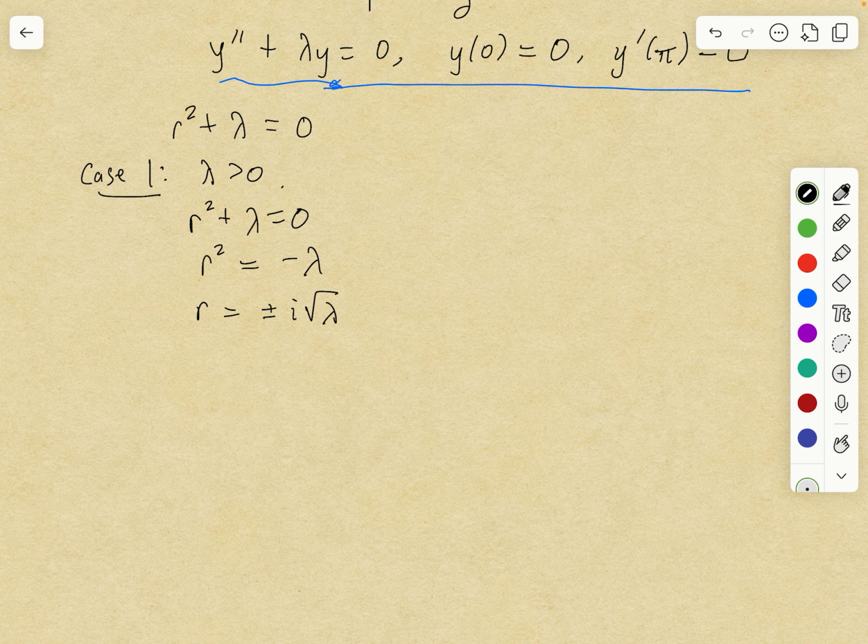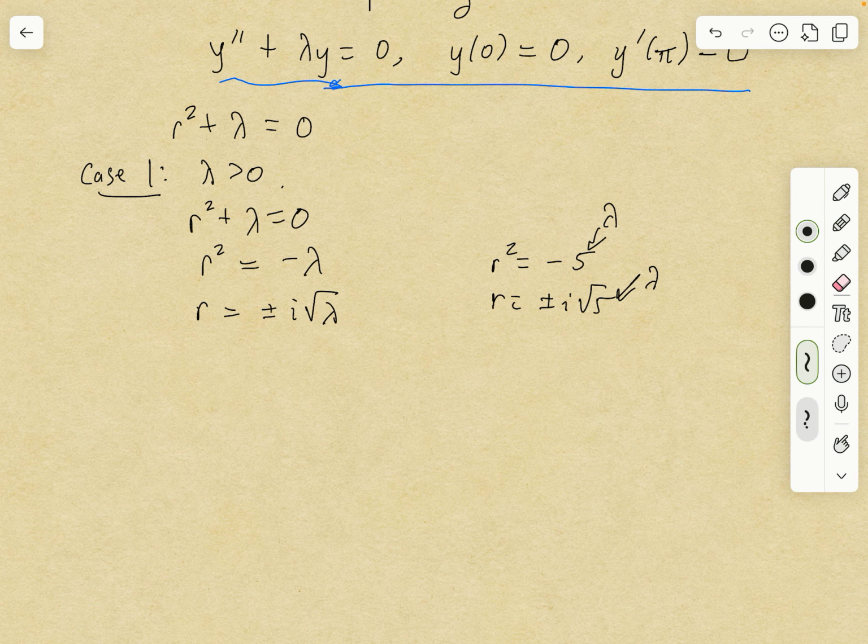Just pretend that lambda is 5. If r squared is negative 5, what's r equal to? It will be plus or minus i times the square root of 5. Whatever that number is, instead of 5 you would just have lambda. So r equals plus or minus i times the square root of lambda.